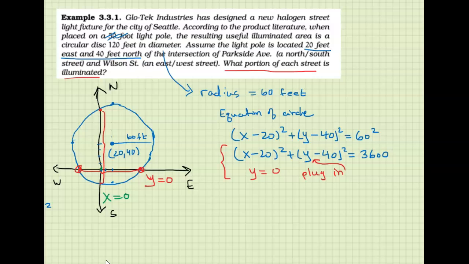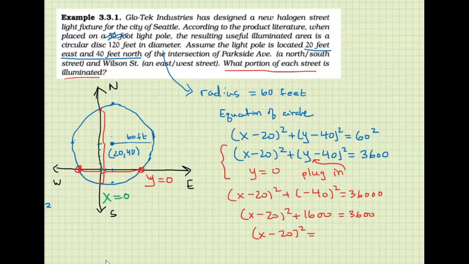So we have x minus 20 squared plus negative 40 squared is 3600. x minus 20 squared plus 1600 equals 3600. Subtract 1600, x minus 20 squared equals 2000.